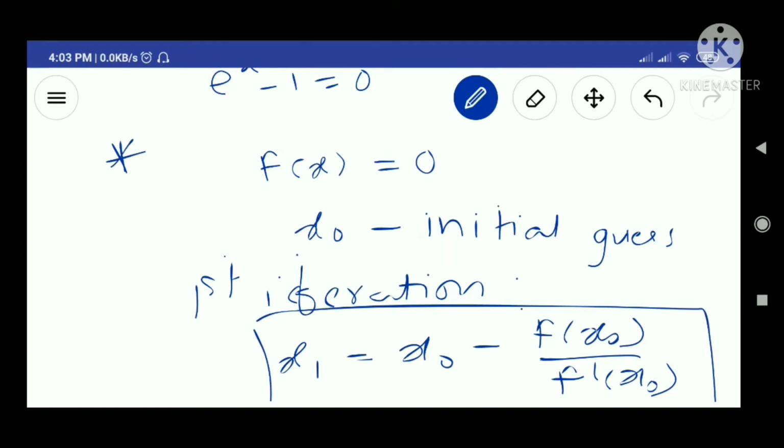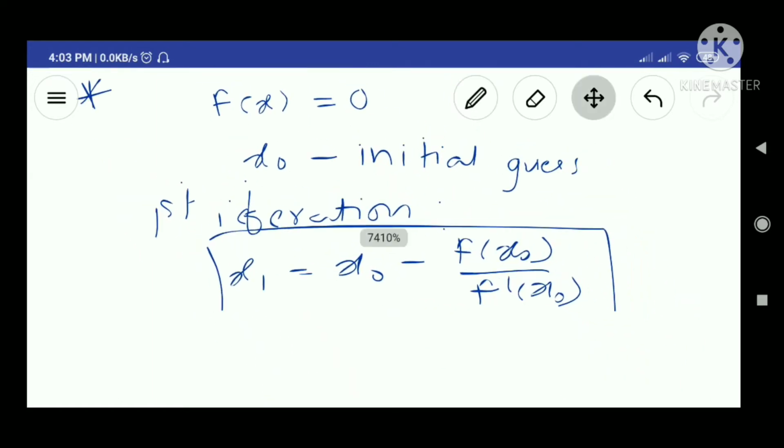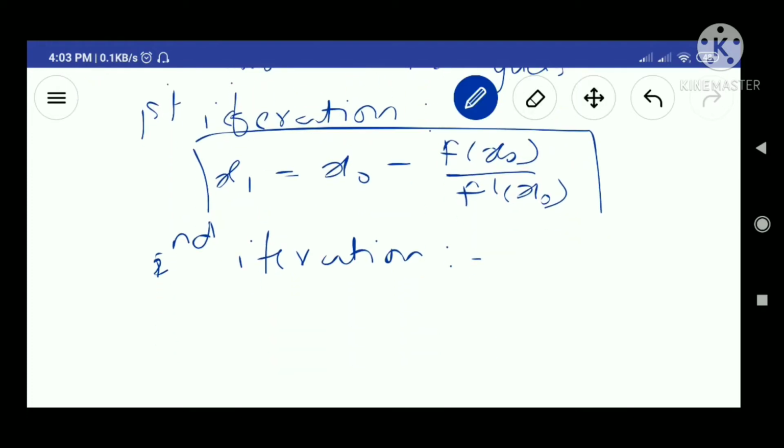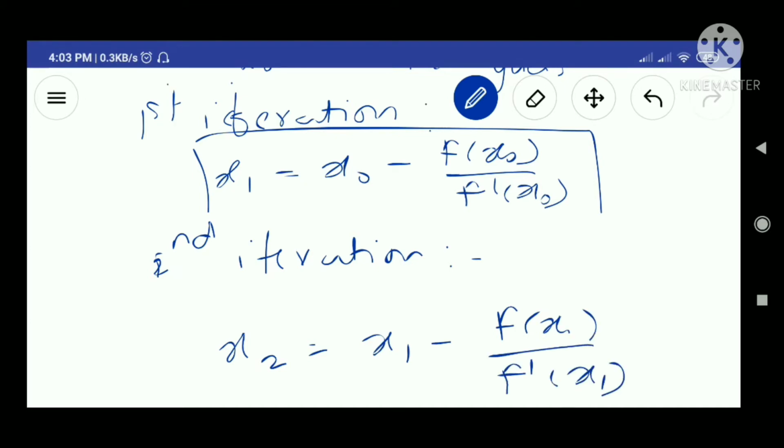After the second iteration you will get the next approximation for the root. So for the second iteration the formula is x2 is equal to x1 minus f of x1 divided by f dash of x1, and so on. In this example we do calculation up to the first iteration only, but you should know about the second, third and fourth in general formula.